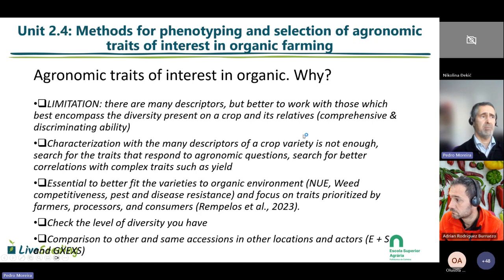Characterization with many descriptors of a crop variety is not enough.